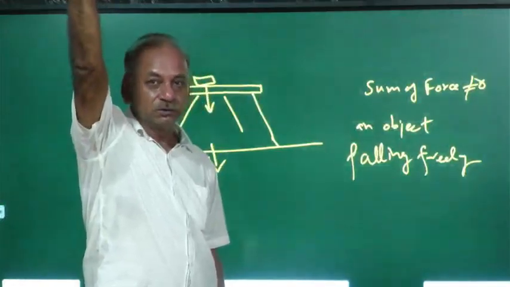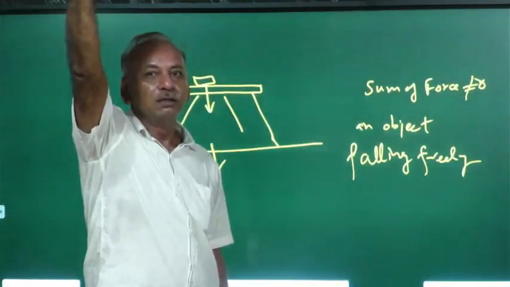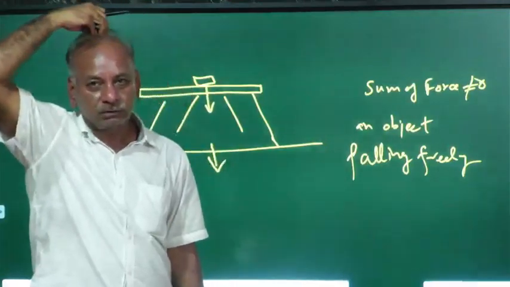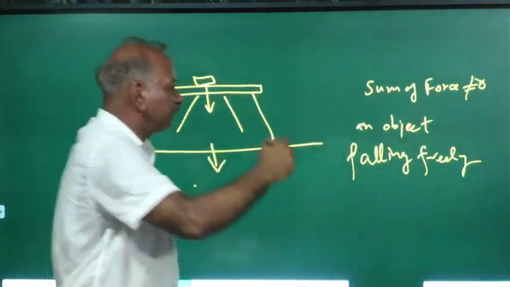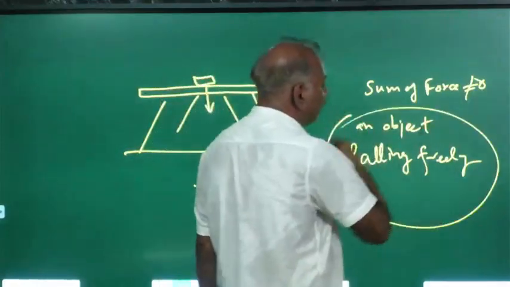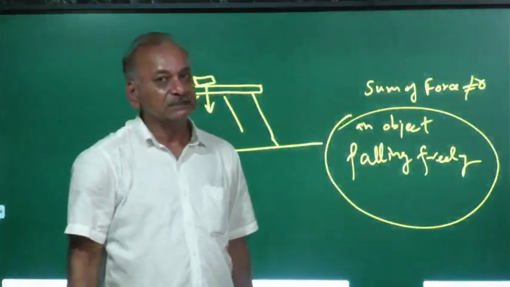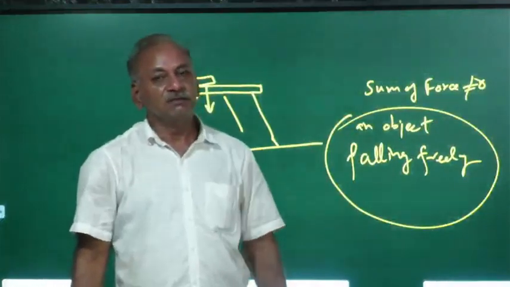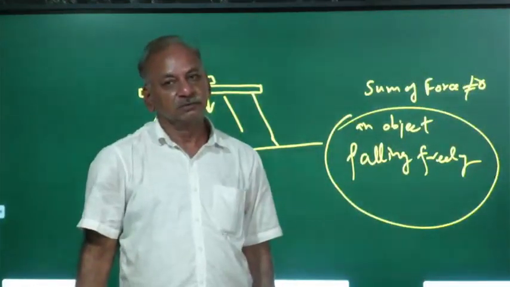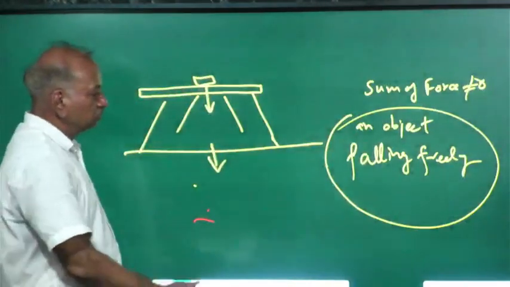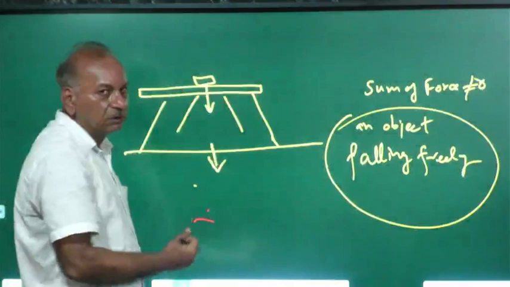Some fruit falling from the tree and coming down on the head of Newton. In an object falling freely, there is only one force, that is Earth's gravitational force.